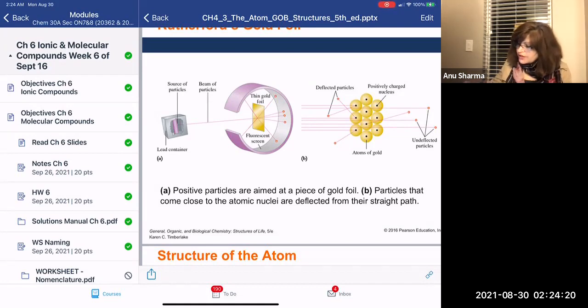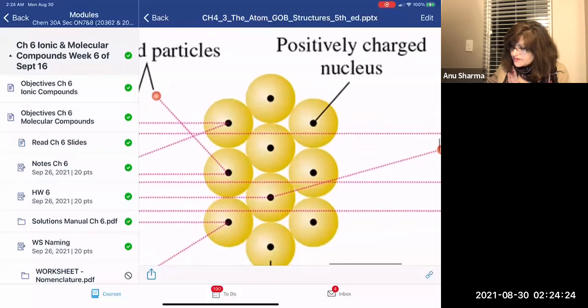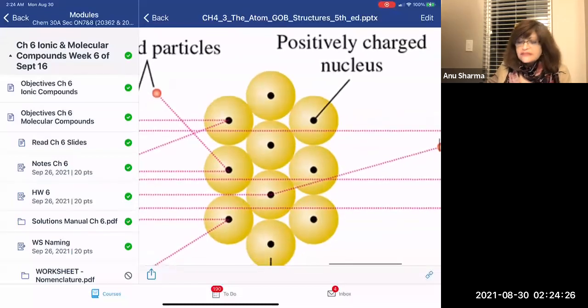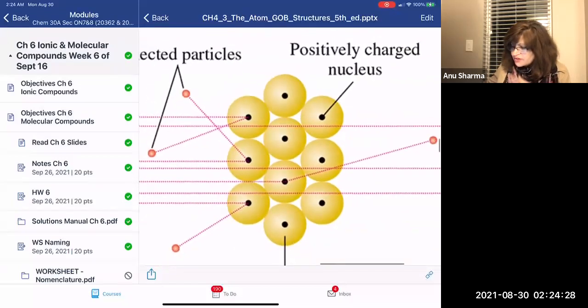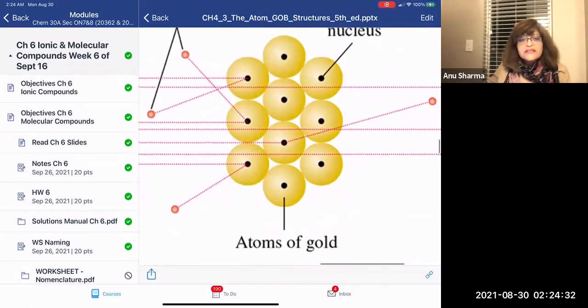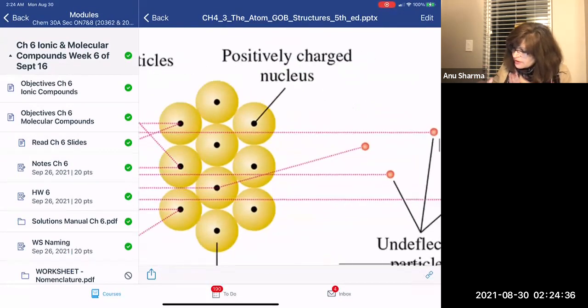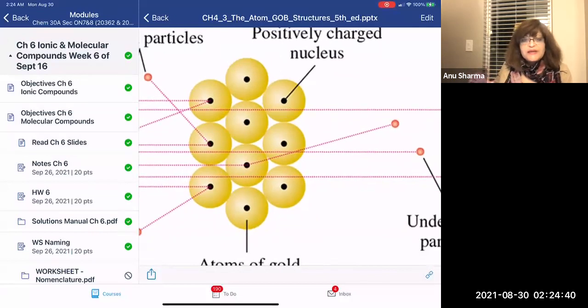The majority of the particles went straight, but the moment they hit the positively charged nucleus, boom, the repulsion forced them to move in different directions. So he found that the majority of the atom is empty space, but there are positively charged centers.